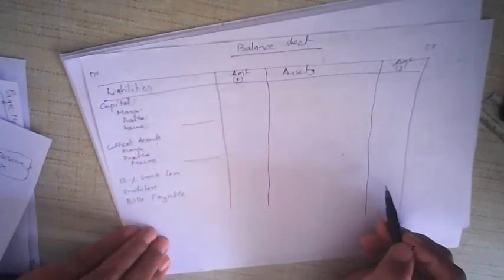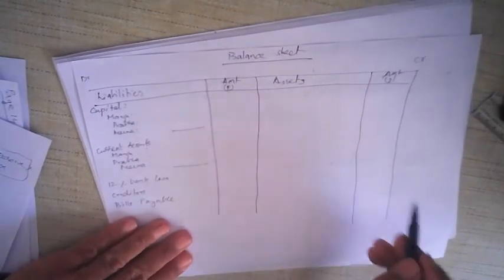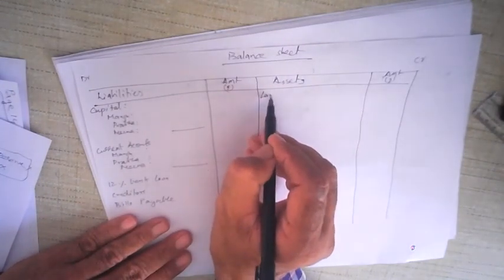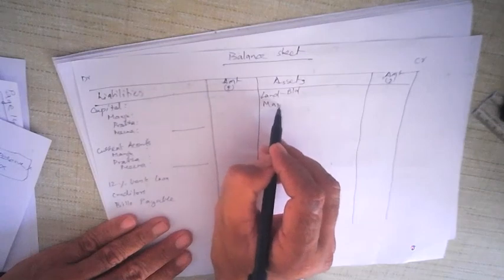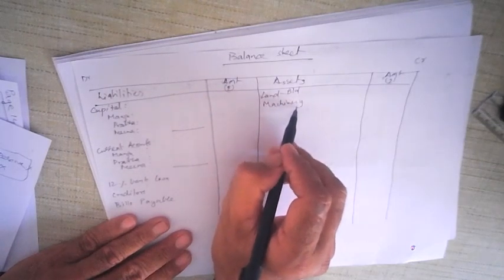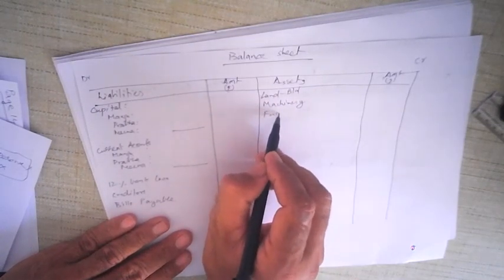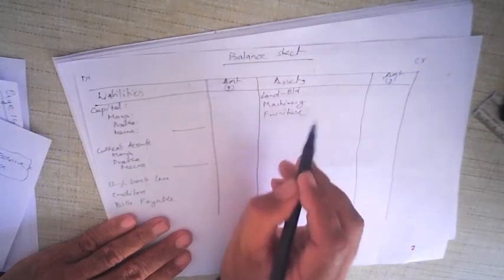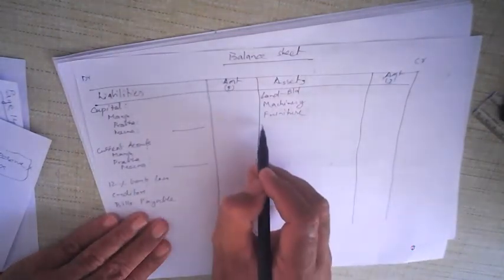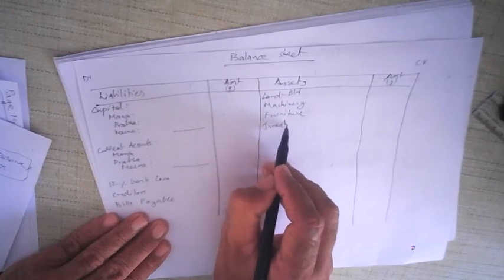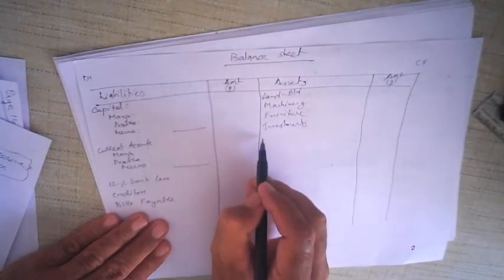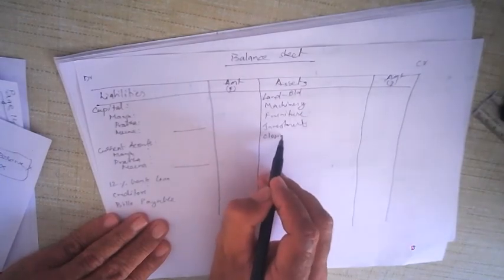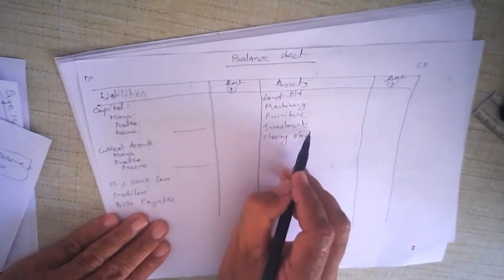Now look on the other side. Okay, land and building, machinery, furniture, investments. Then closing stock.